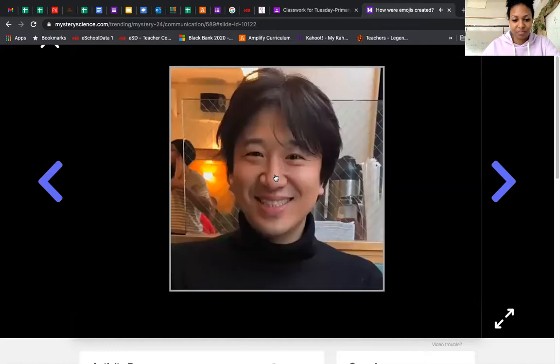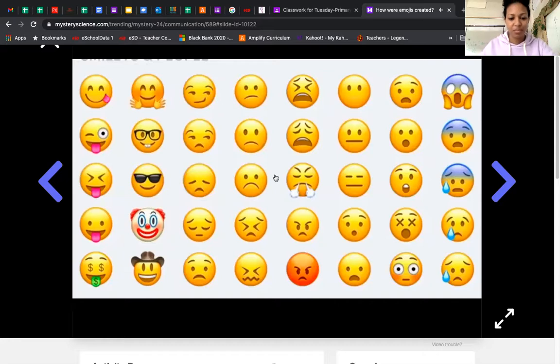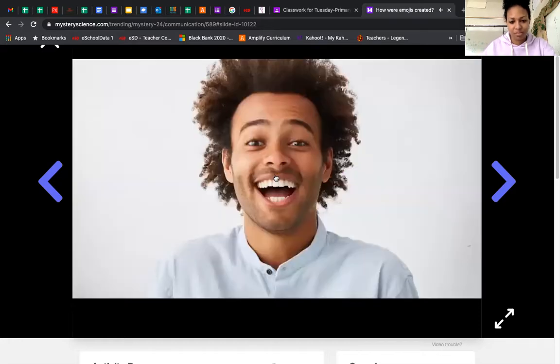So Shigetaka Kurita invented emojis to solve this problem. Emojis help people share how they're feeling when writing or typing. Another name for that is what we call tone. Tone isn't what you're saying, but how you're saying it. When you're speaking, you give tone to your words by doing things like changing your voice and your facial expressions.